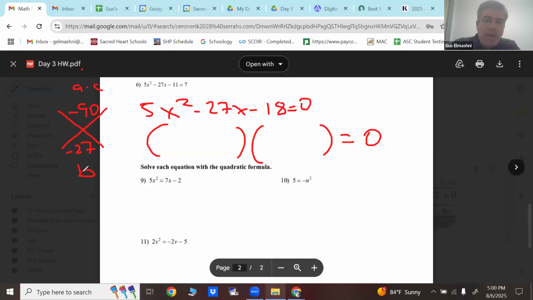So what two numbers would multiply to -90 and add to -27? I am doing it on my calculator. Okay, take your time.